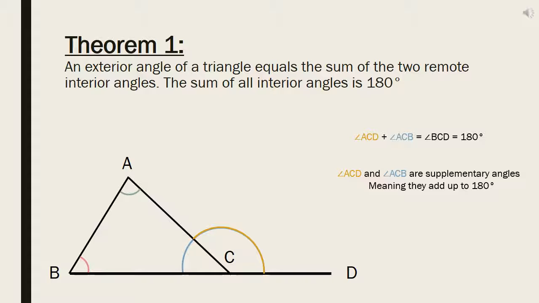Substituting angle A plus angle B for angle ACD in this equation yields the desired conclusion that the sum of the three interior angles of triangle ABC is 180 degrees. An exterior angle of a triangle equals the sum of the two remote interior angles. The sum of all three interior angles is 180 degrees.